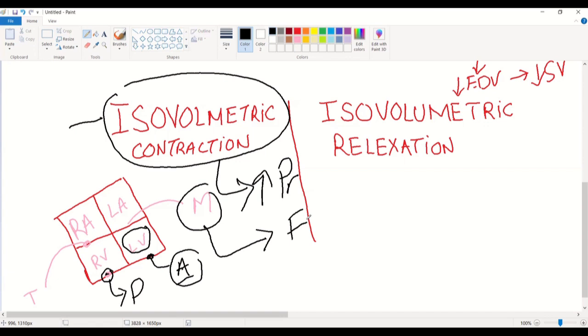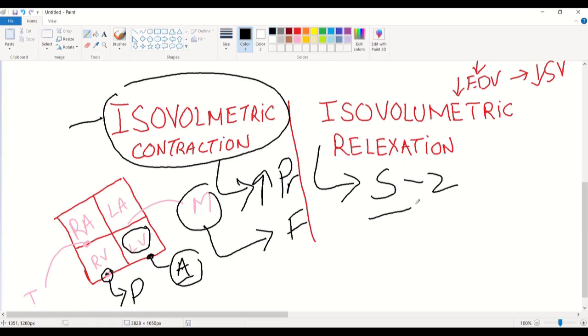Isovolumetric relaxation is basically the relaxation of the ventricle because of closure of which valves? The semilunar, the aortic and pulmonary valves. So which heart sound do you expect? S2.